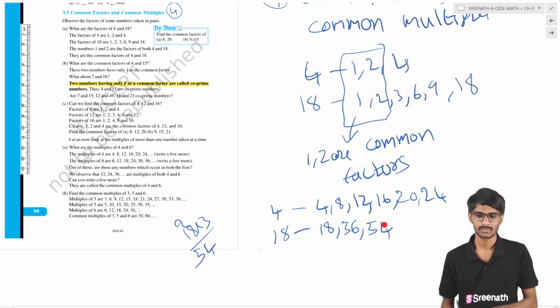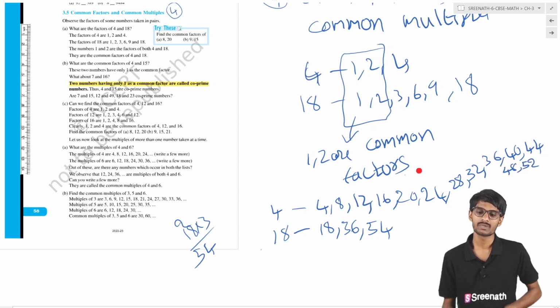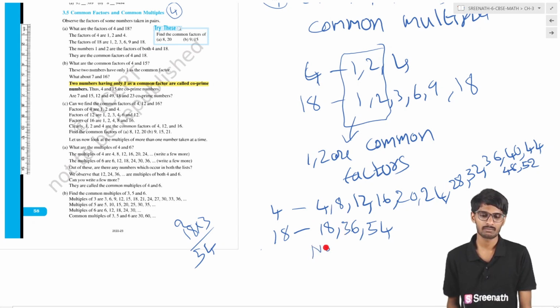If you extend the multiples of 4 to 28, 32, 36, 40, 44, 48, 52, like that, there are no common multiples here.